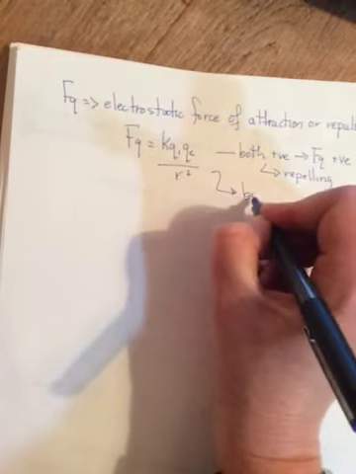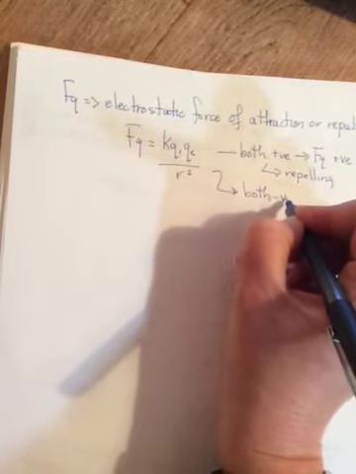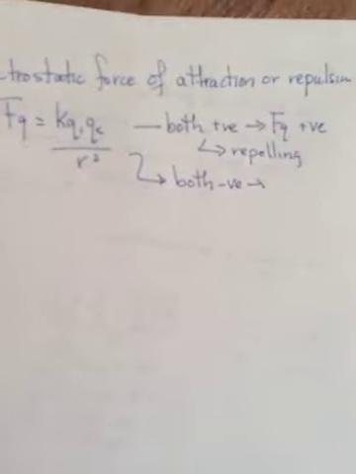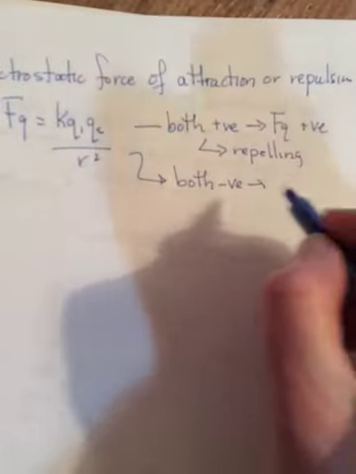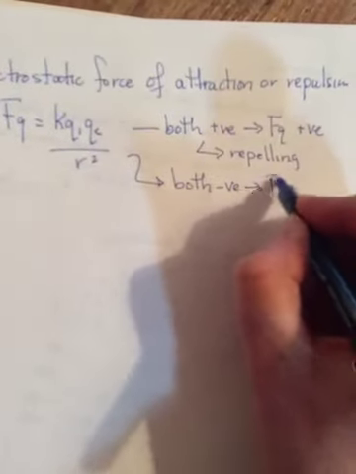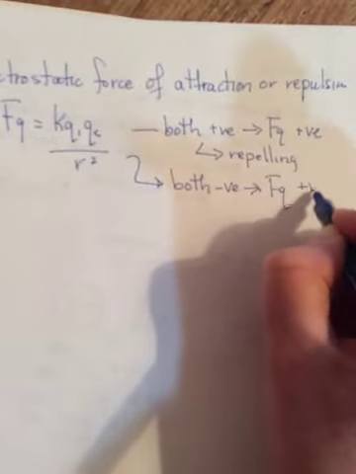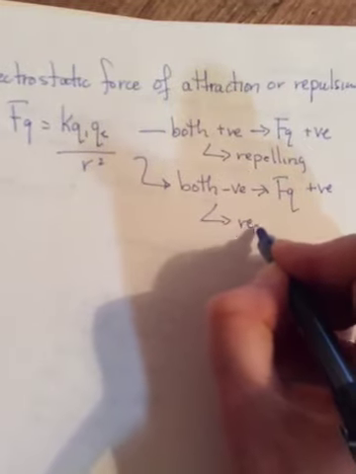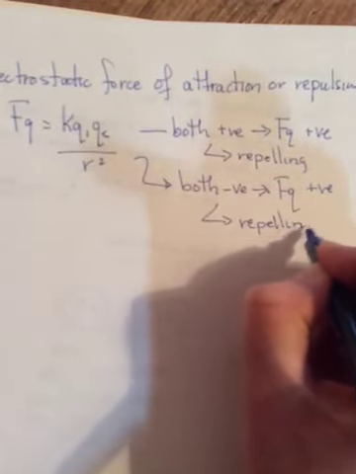If they're both negative, then the FQ will be positive again, right? Because a negative times a negative will be a positive, and we know that like charges repel, so it will also be a repelling force.